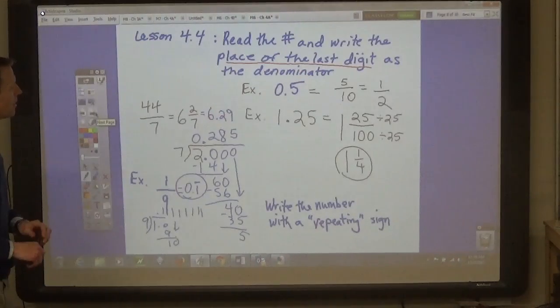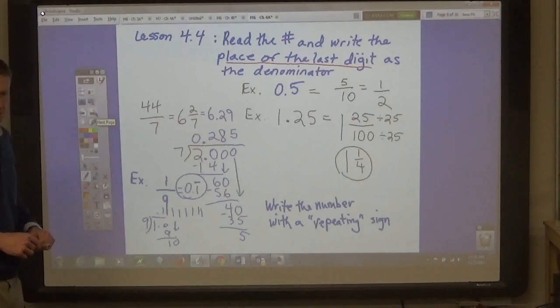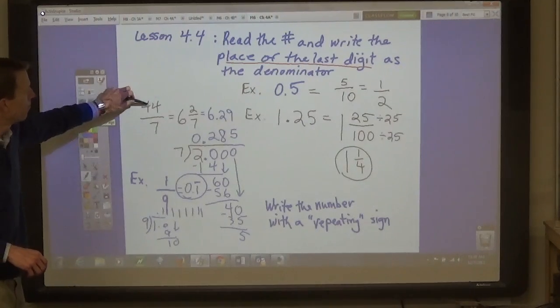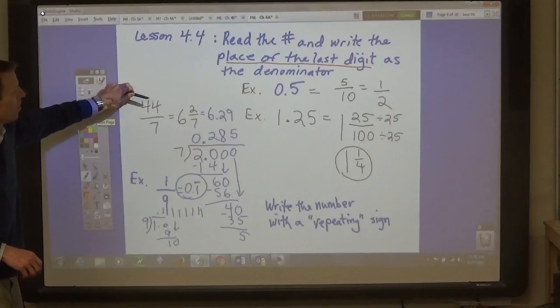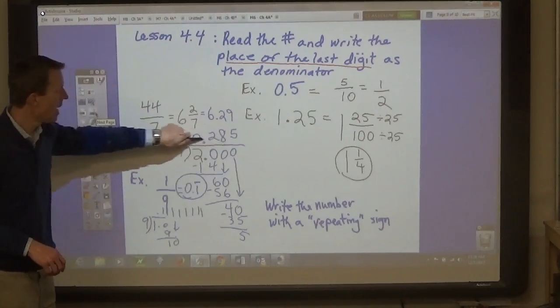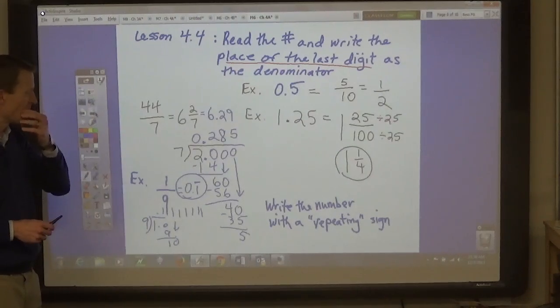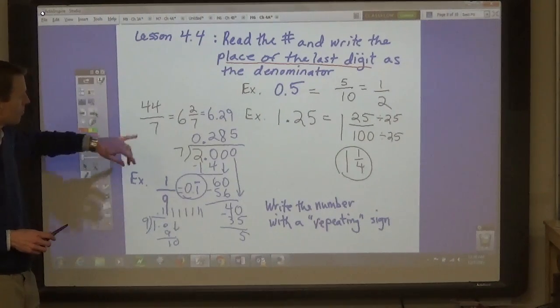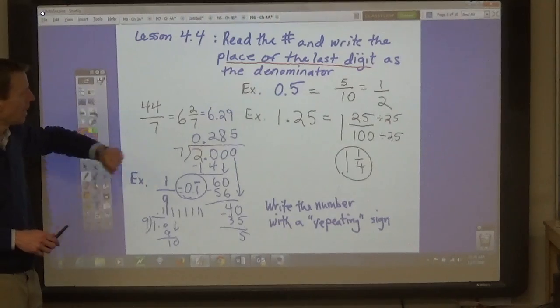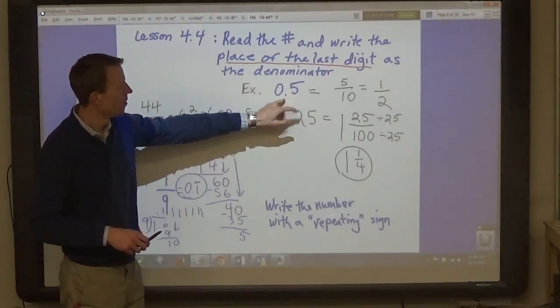Okay, then we went to lesson 4.4. Writing decimals as fractions and making decimals out of fractions. Okay? So writing decimals as a fraction, 5/10.